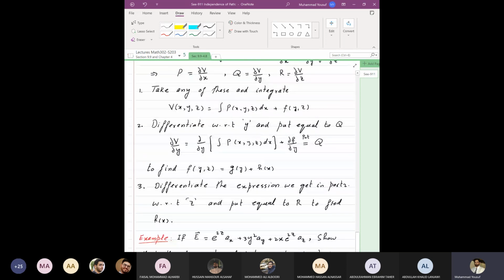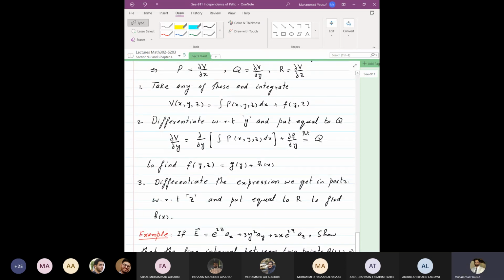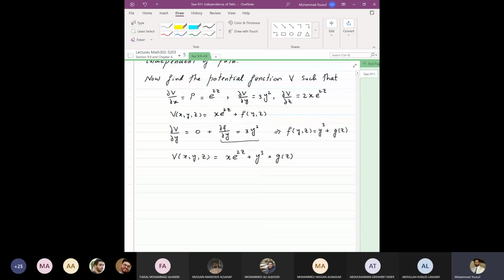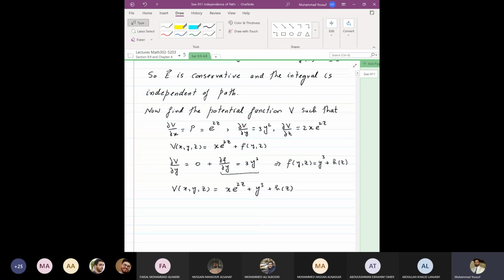What did I call it here? Sorry, it should be h of z. So here I'm calling it h of z. So let us keep the same notation, h of z. So now the third step, whatever we obtain in this step, we differentiate with respect to z, and we get 2x e power 2z, plus y cube gives 0, plus the derivative of h with respect to z.